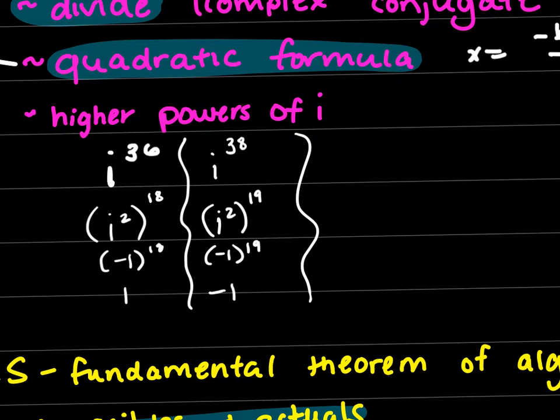Okay? If it starts odd, so let's say I had i to the 35, I'm going to separate out that extra i and repeat this process. So this would be i times i to the 34th. This becomes i to the 2nd raised to the 17th. There's my odd number of negative 1s, which means this is a negative i.